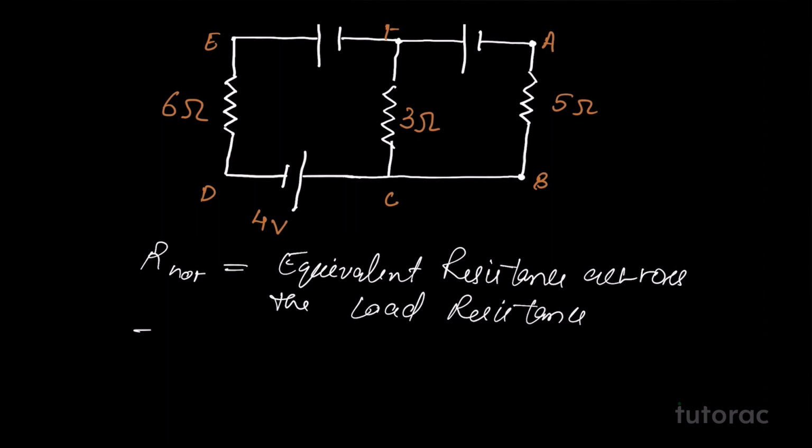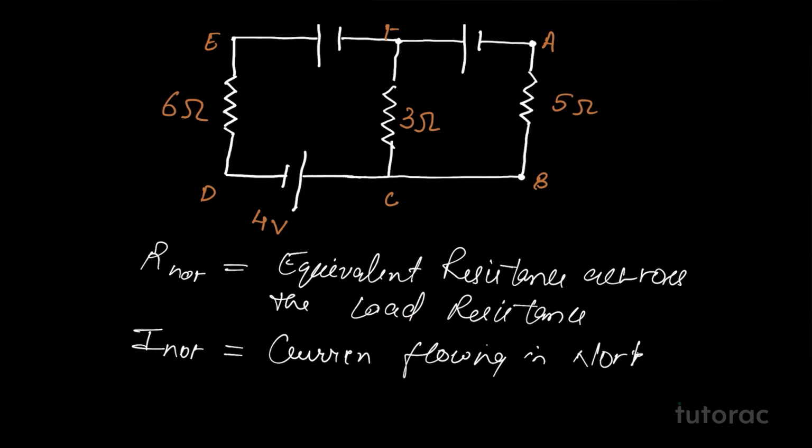And then we'll calculate the I Norton, that is the current flowing in Norton's circuit.